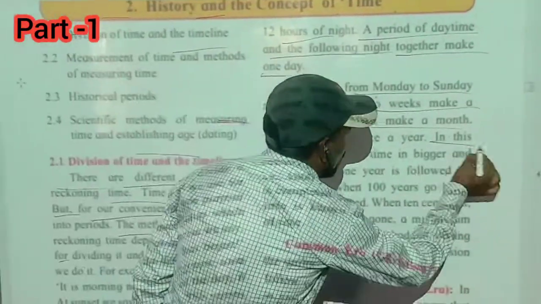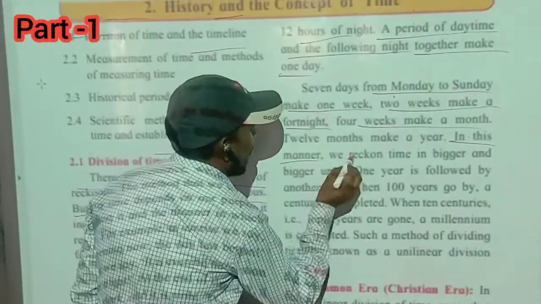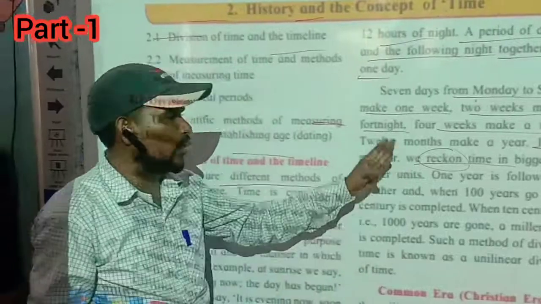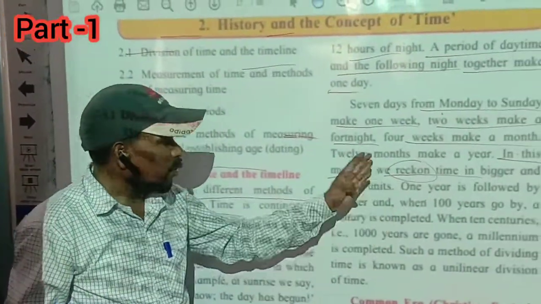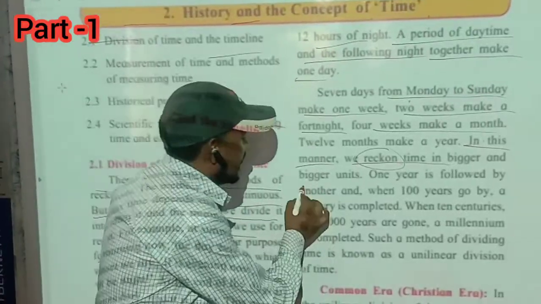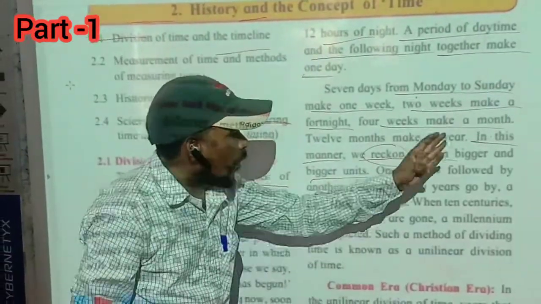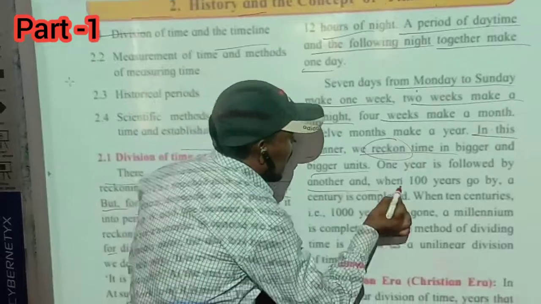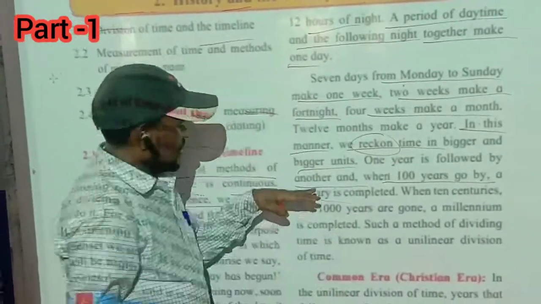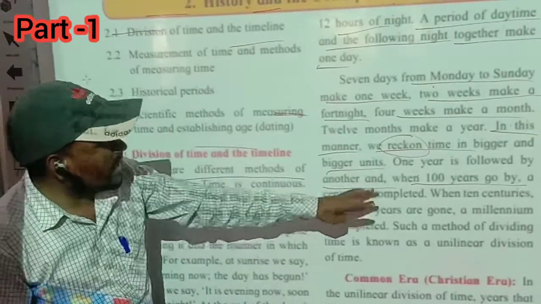In this manner, we reckon time. Reckon means calculate. We reckon time in bigger and bigger units. 1 year is followed by another, and when 100 years go by, a century is completed.